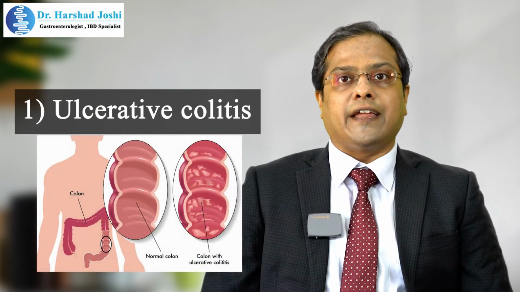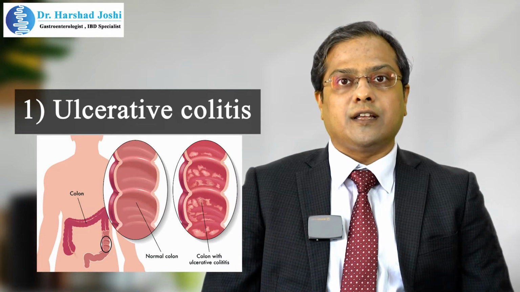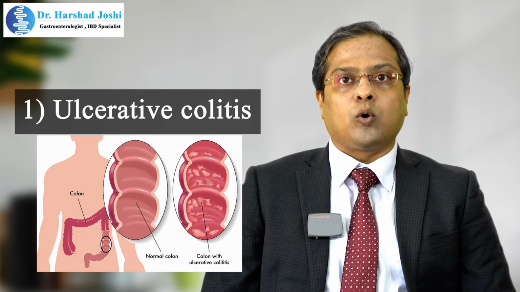One is called ulcerative colitis, which is an inflammation of the large intestine, whereas Crohn's disease is involving more of small and large intestine, but it can affect any part of the intestinal system, right from your gum to your bum. So we will try to understand what is IBD.